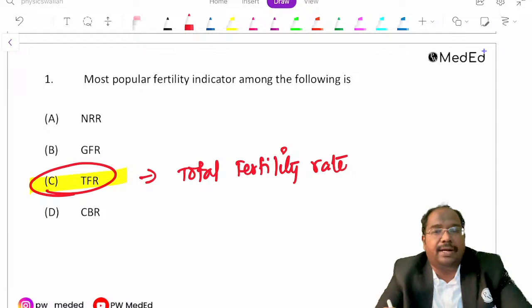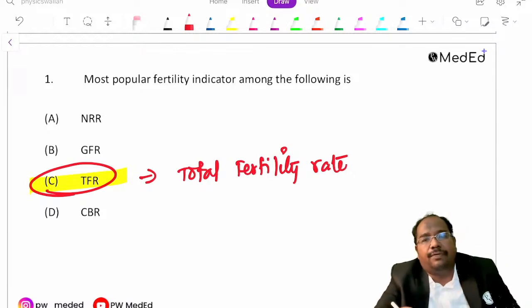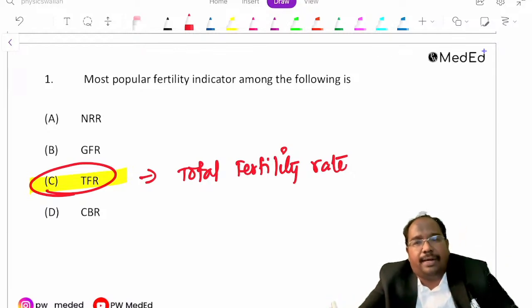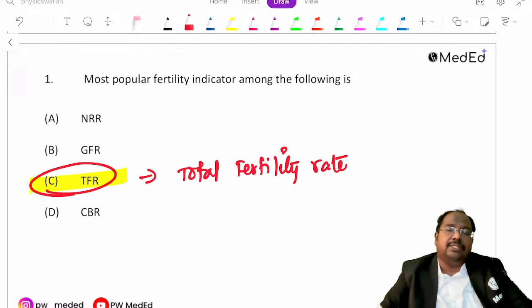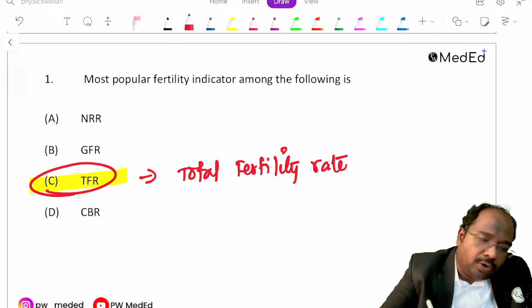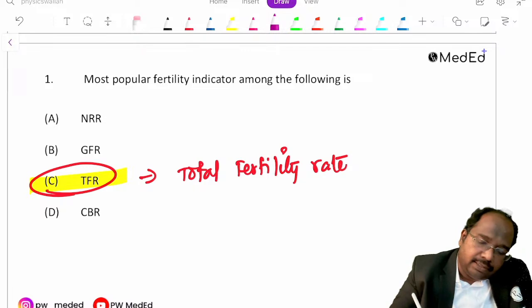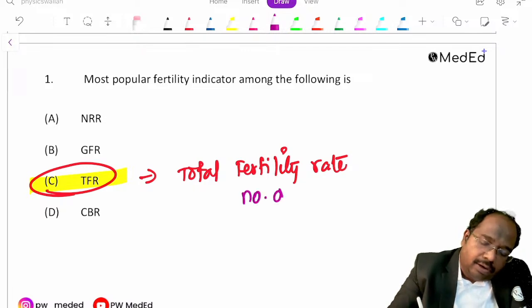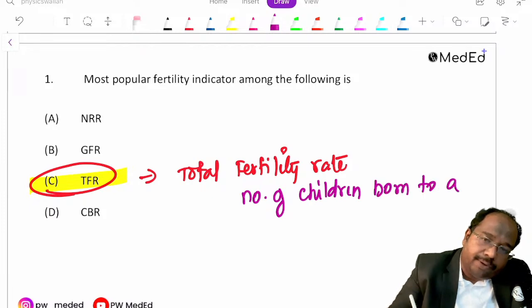TFR means total fertility rate. What is this total fertility rate? Total fertility rate indicates the number of children born to a woman in her lifespan.